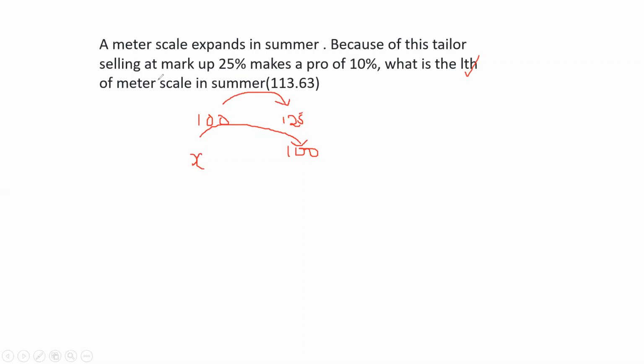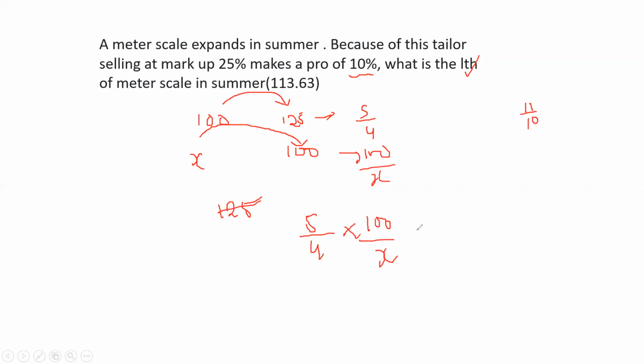So because of this, profit is given as 10%, 11 by 10 on the RHS. 125 multiplying factor, 5 by 4, 100 by X. So 5 by 4 into 100 by X equals, this is the multiplying factor of profit, 11 by 10.